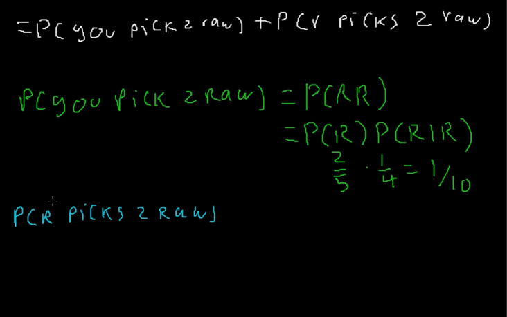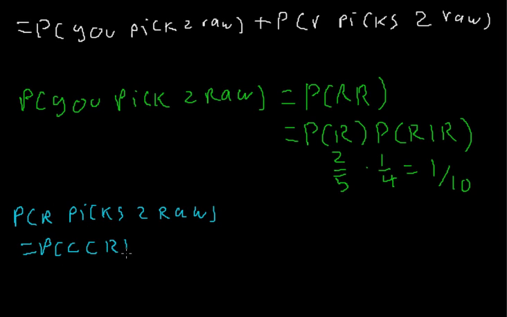So really, what I'm actually looking at is the probability of the event where I pick 2 cooked followed by 2 raw. So that's just the probability of cooked, cooked, raw, raw, right? Because I picked these 2 first.